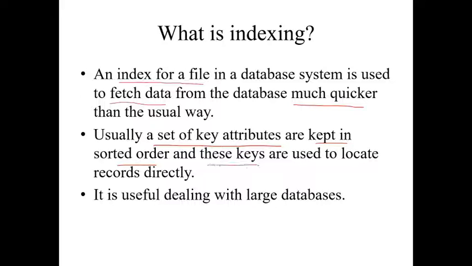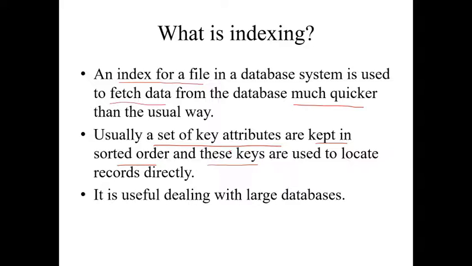These are keys. This can be used to locate any record. So we select a set of attributes and keep the values of that particular set of key attributes in a particular sorted order, maybe increasing or decreasing, and we use those values to locate a particular record directly.